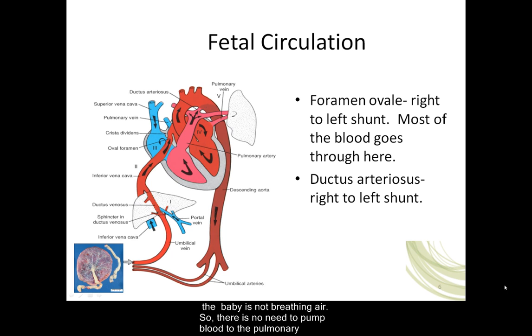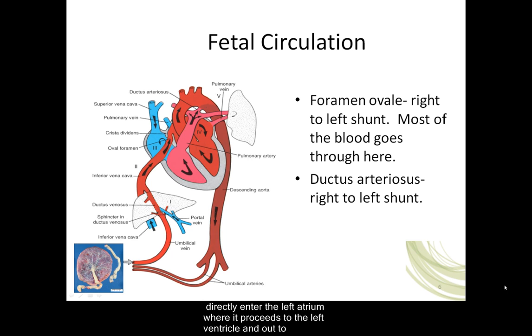Additionally, because the lungs are collapsed, this increases the pulmonary pressures and prevents blood from flowing into the pulmonary capillary beds. As such, the foramen ovale lets most of the blood from the right atrium directly enter the left atrium, where it proceeds to the left ventricle and out to the aorta.